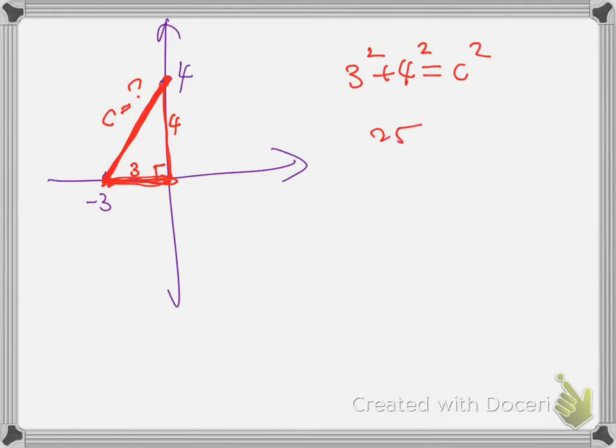Then we got 25 is C squared. You take the square root, 5 is C. So the distance from this point, -3 to 4, is 5. So that's how people started to look at right triangles to create the Pythagorean theorem.